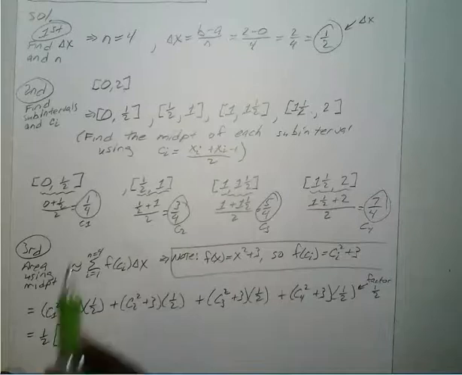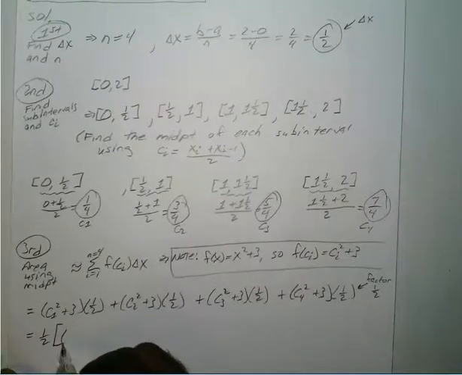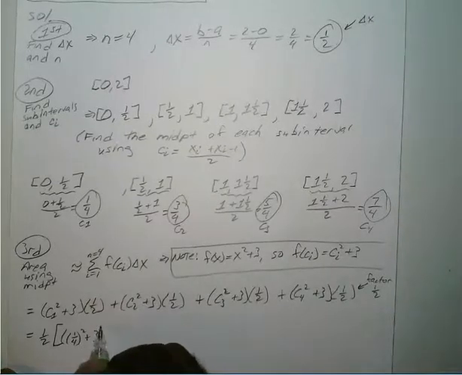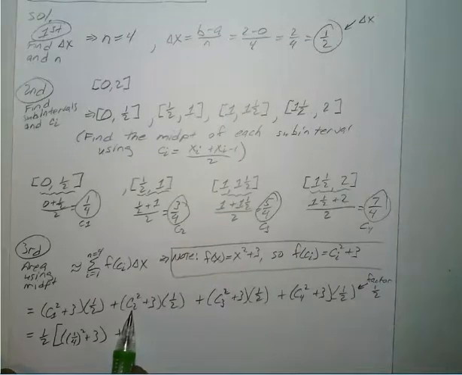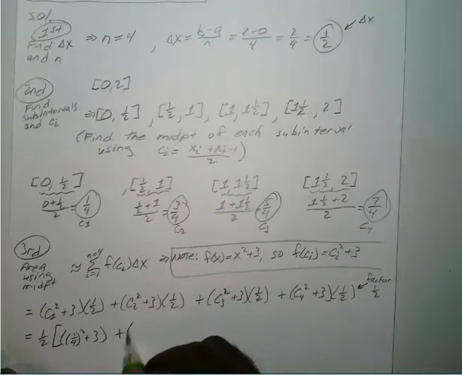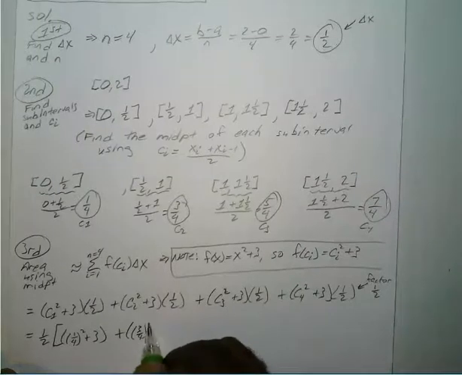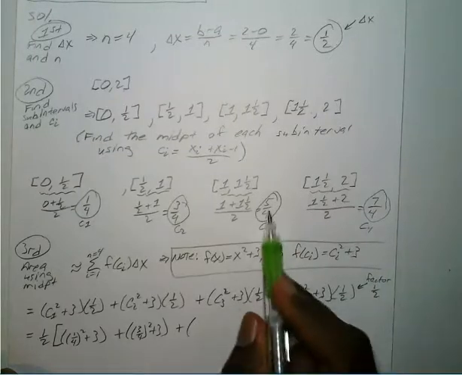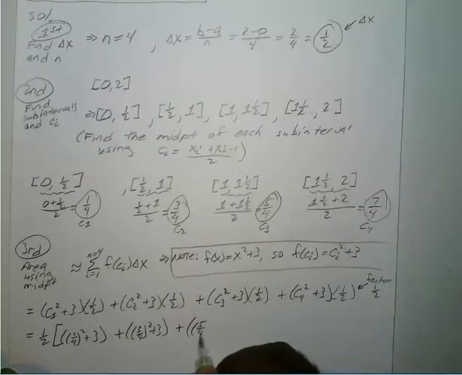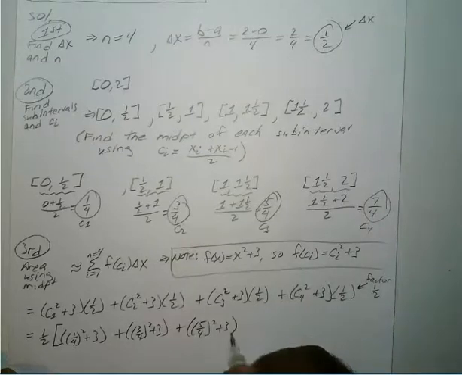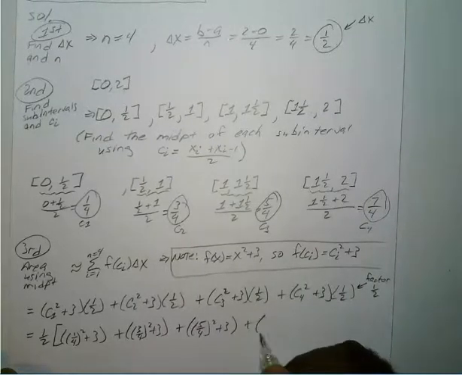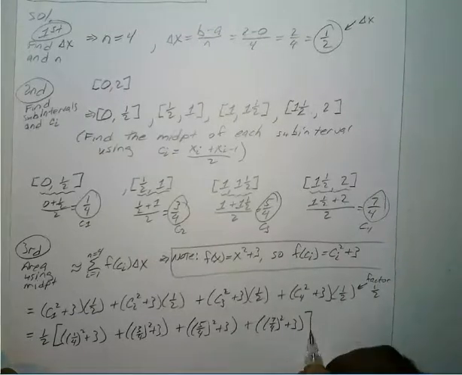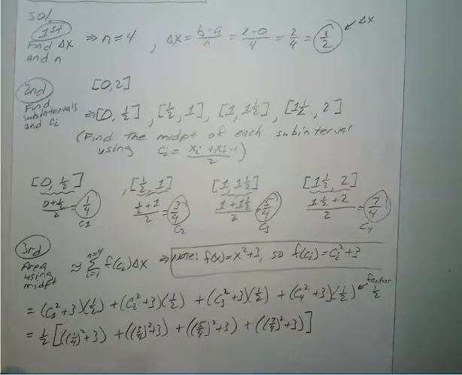So c sub 1 squared is 1/4 squared, so we have 1/4 squared plus 3, plus c sub 2 squared, which is 3/4 squared, plus 3, plus c sub 3 squared, which is 5/4 squared, plus 3, plus c sub 4 squared, which is 7/4 squared, plus 3. And all of that multiplied by the 1/2 that we factored out.